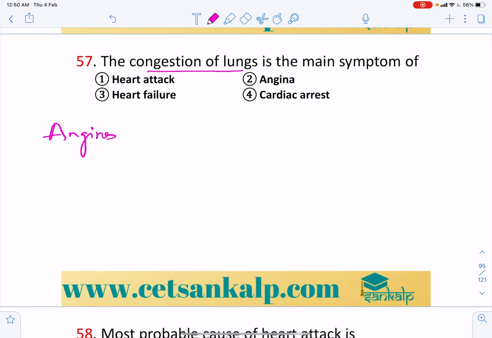We'll say that is generally chest pain, right? So angina pectoris, or angina. In this case, what happens generally is an acute chest pain. Slight chest pain will be there. It is mainly because not enough oxygen reaches the heart muscles.